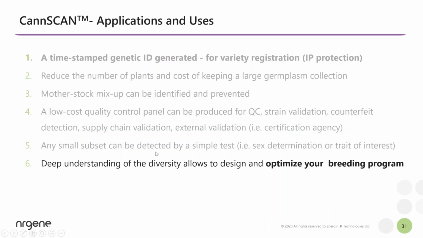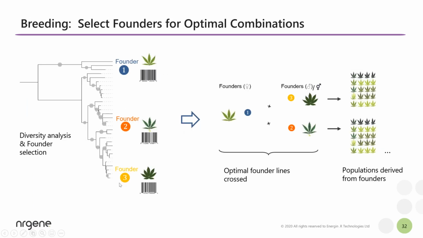And the last, but I think the most important use of CannSCAN is a deep understanding of the diversity that allows you to design and optimize your breeding program. I'm going back to the first figure that I've shown.